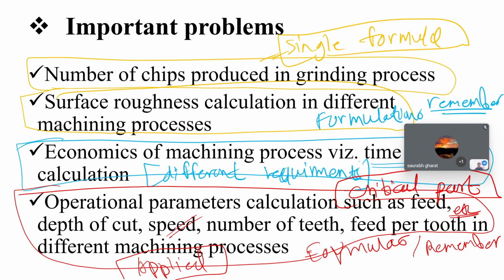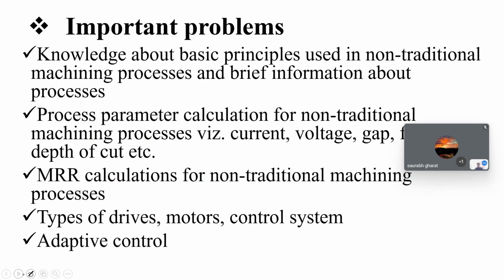You have to have proper formulas to use them correctly. They may ask you to calculate specific feed when they give different values, because most of your questions will be of 2 marks. So they mainly ask you these problems. You must go through this part and remember the formulas. That is my simple suggestion to you.